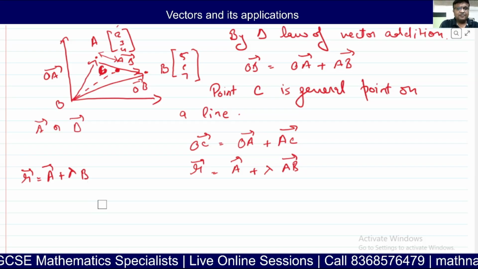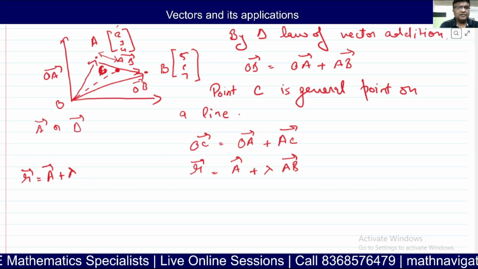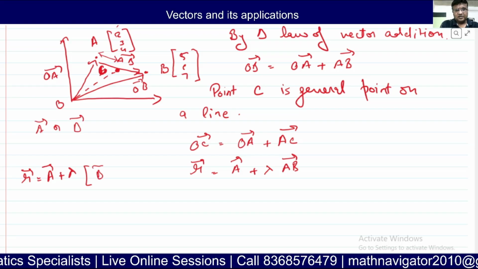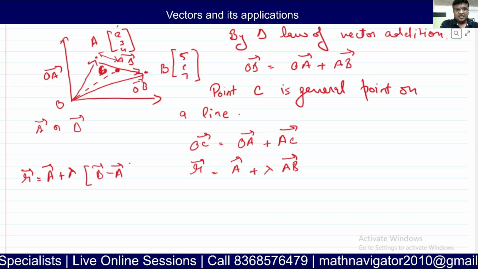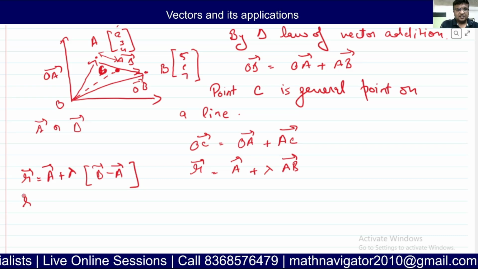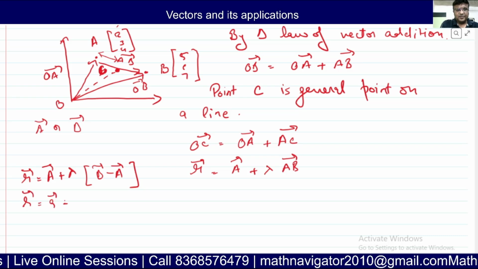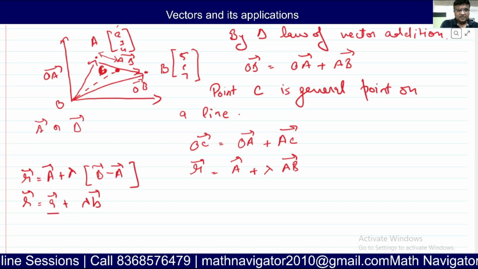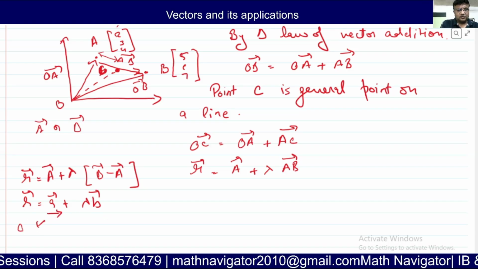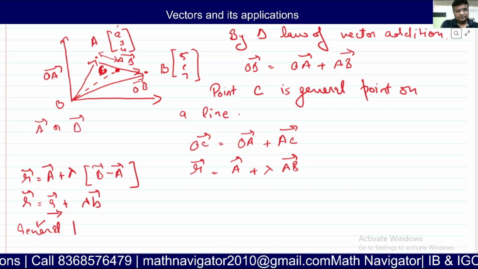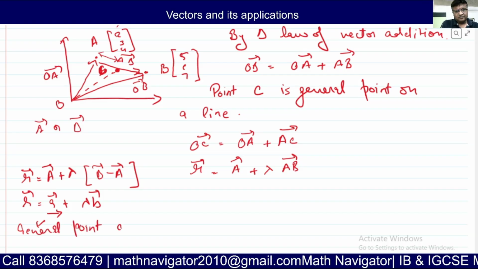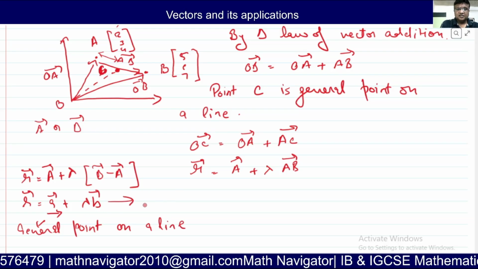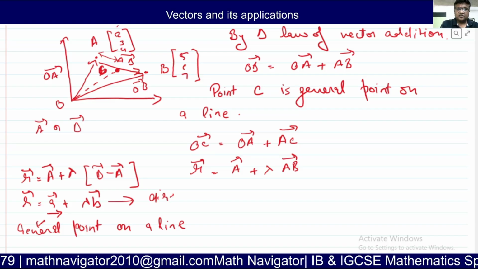Vector AB is nothing but vector B minus vector A. So I can call it vector b minus vector a, and the equation is vector r is equal to vector a plus lambda vector b. In this, vector a is a general point on the line, and vector b is the direction vector of the line.